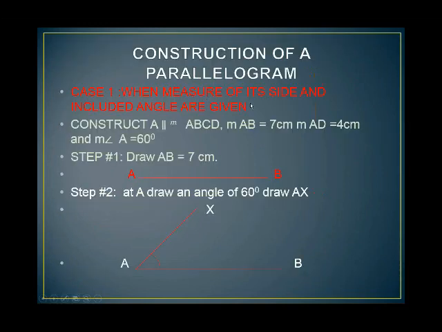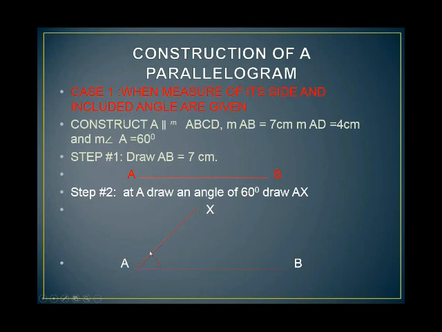Construction of a parallelogram. In case 1, when the measure of its sides and included angle are given. So we draw the baseline, that is 7 centimeter, and taking A as a center, we draw an angle of 60 degree because one angle is given, the included angle, and its 2 sides are also given.